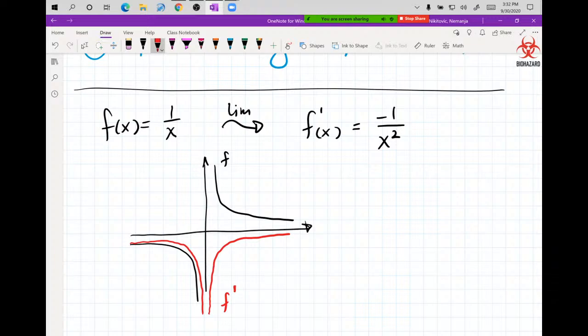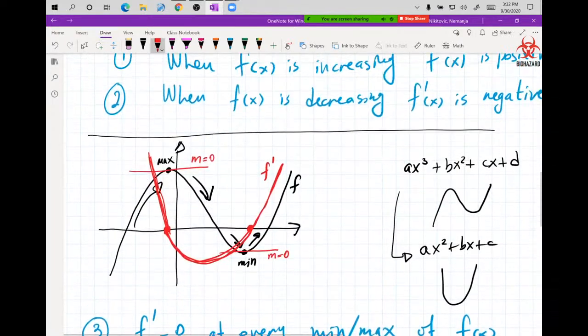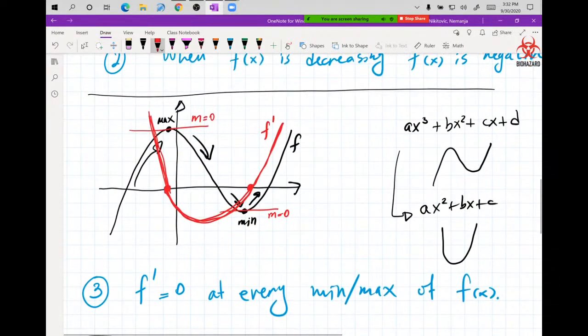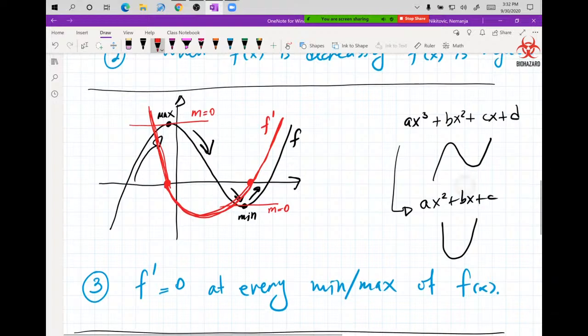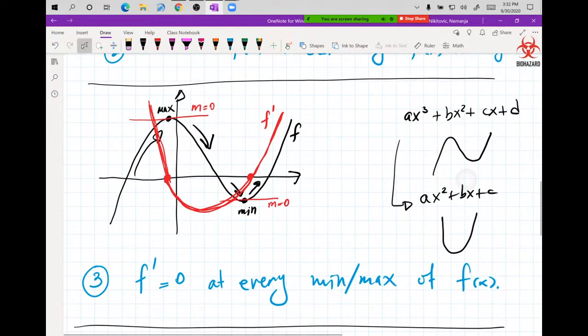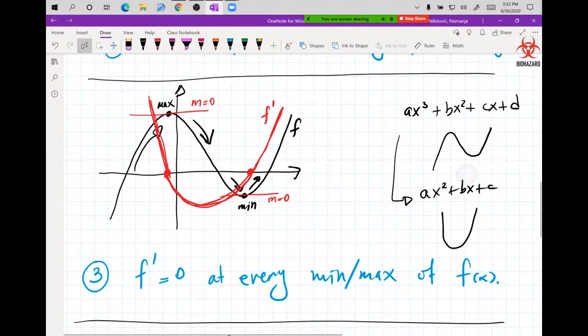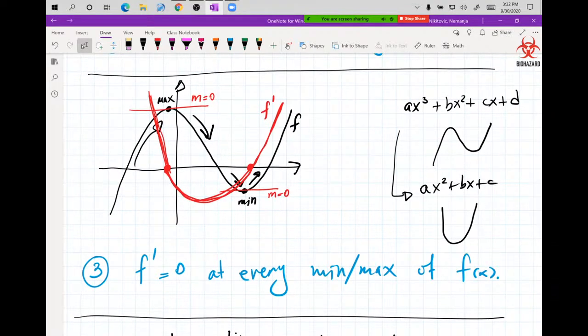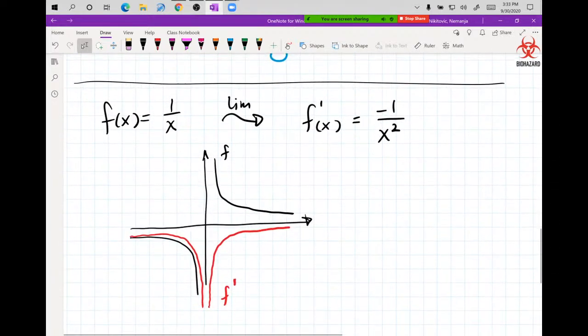Now we had two of those before. We had a min and a max, and you can see that the red line cuts through the x-axis twice. So every min and every max creates another 0 for the derivative line to go through. But in this case, we did not have any min and max in our problem. And as you can see, the derivative, which is the red line, does not cross the x-axis because there are no zeros.